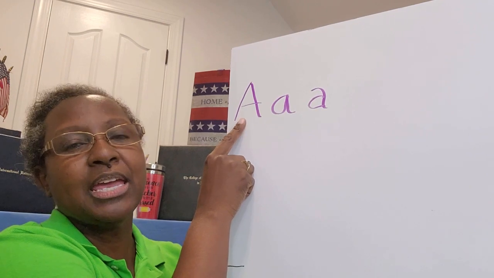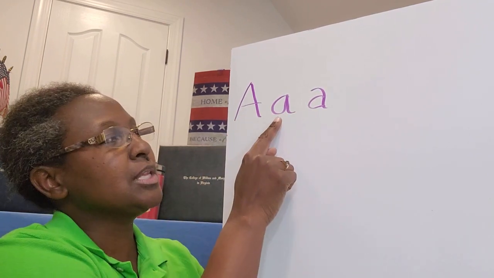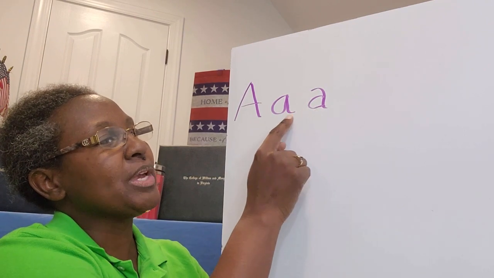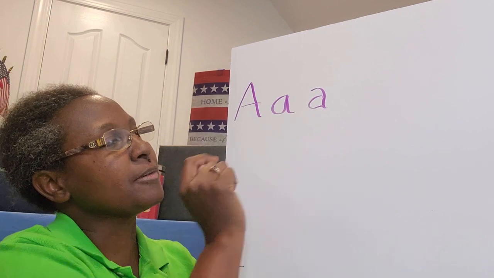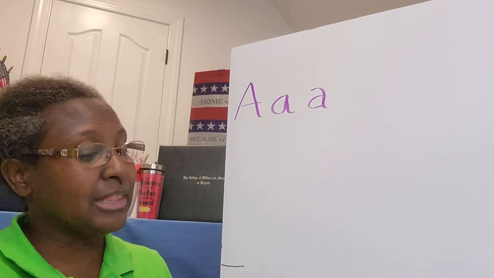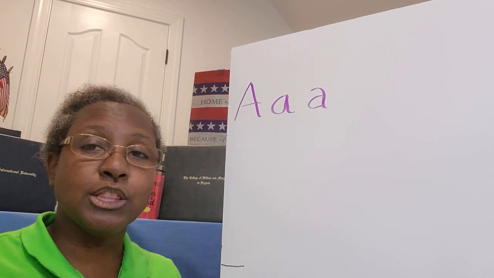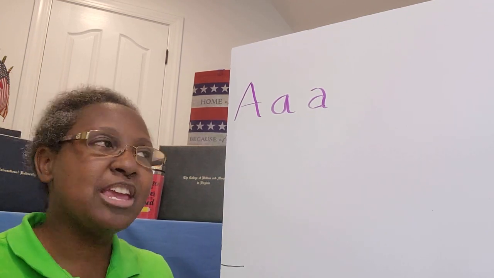Here's the uppercase A, and then the little or lowercase letters. Lowercase a. And there are 2 ways to write lowercase a. There they are. So an example of the letter A in the long A format is Abraham.